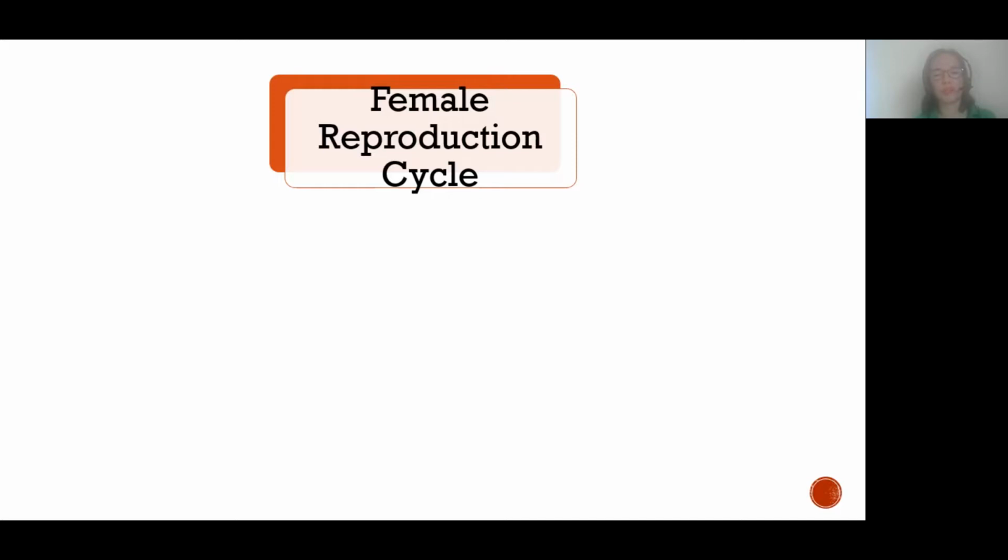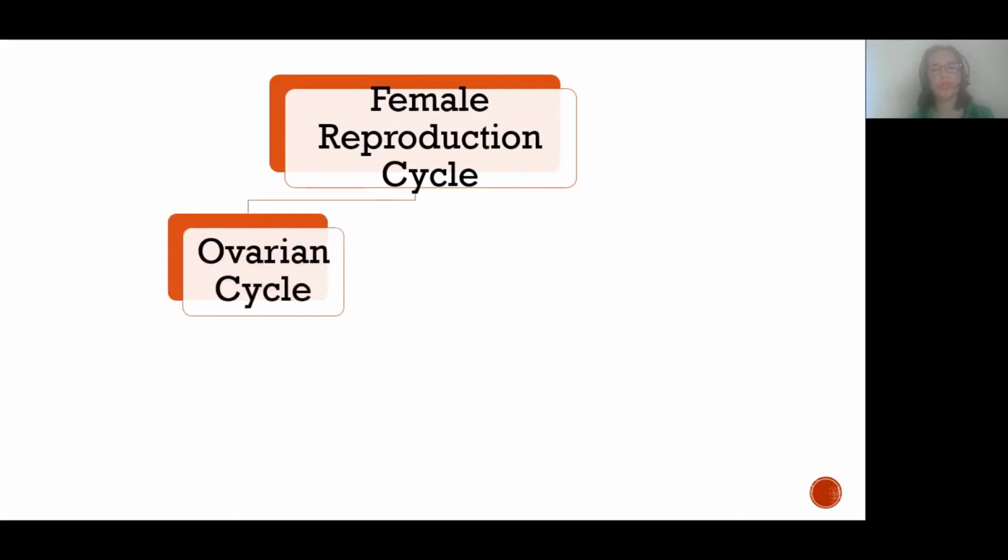You see how important the ovary and uterus are, because the ovary is where the egg cell is produced, and the uterus is the one that caters to the needs of the fetus or the growing young. For the female reproduction cycles, the first one is the ovarian cycle.